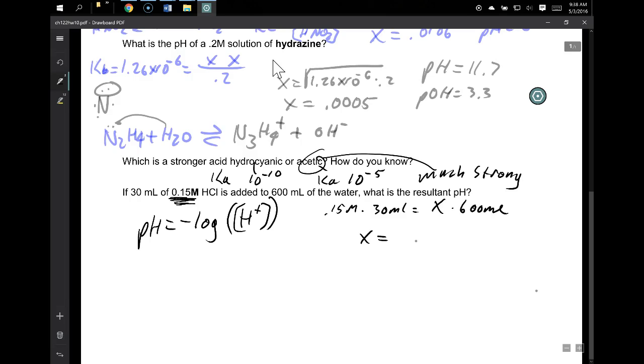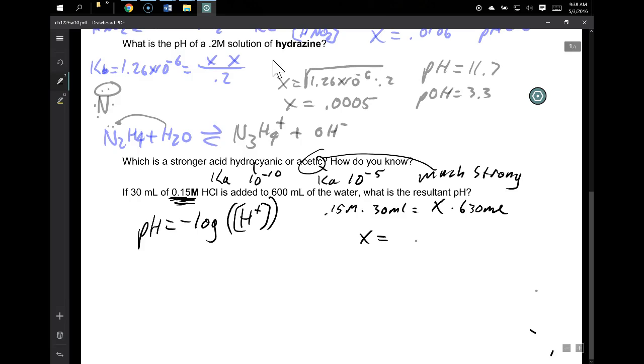And then my new concentration. So it's 600 and not, I'm sorry, I'm totally wrong. It's 630. It's absolutely 630. My bad. So it's 0.15 times 30 divided by 630.